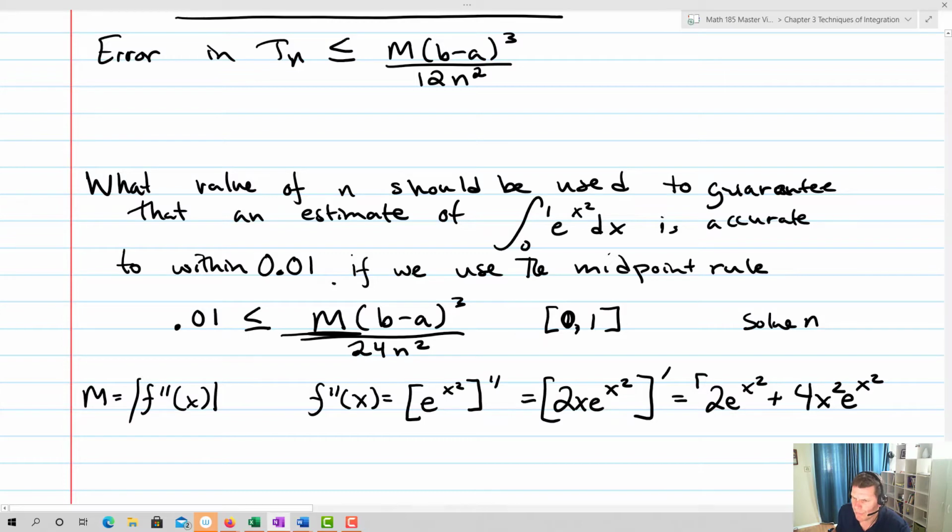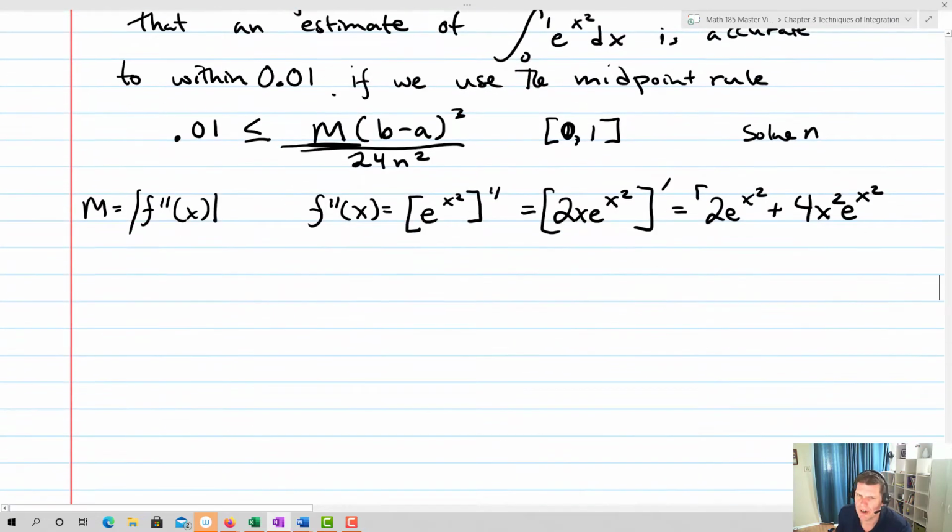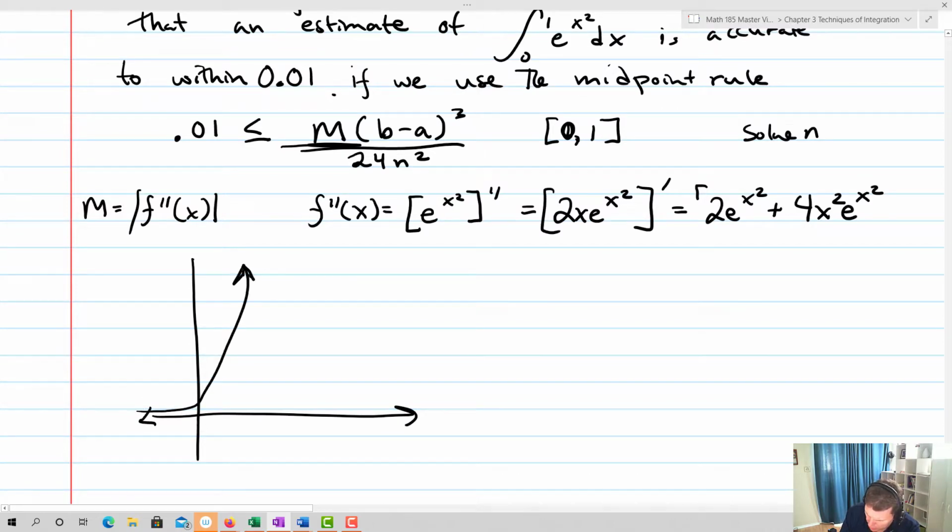Now, if you look at the graph for e to the x squared, it looks like this. It basically goes up really fast, rises really quickly, but it's continuously increasing. It's always increasing, so its max is when x equals 1.